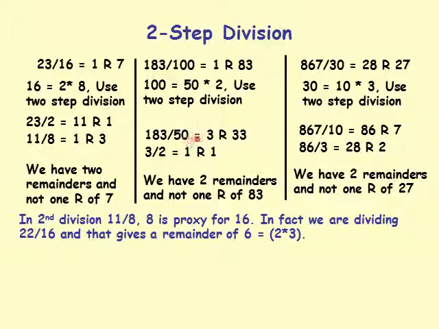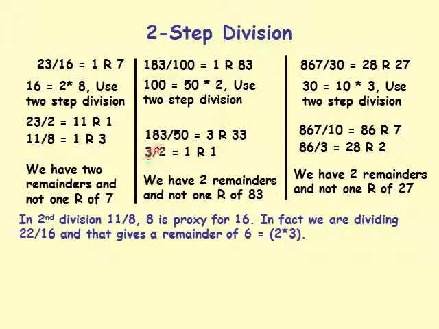In here, the only thing we did is that we say we would leave the remainder alone, so what we did is subtract 33 out from 183. So the second division here is dividing 150 by 100, which gives me 1 remainder 50, and 50 plus 33 is 83.